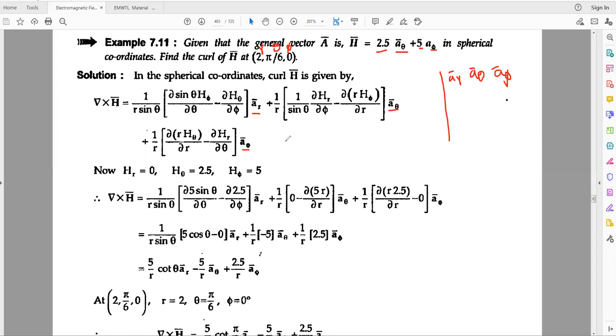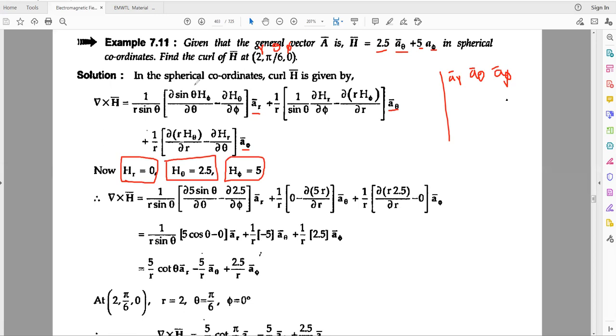This is the formula we have for del cross H bar in the spherical coordinate system. In the last class we also saw del cross H bar in the cylindrical coordinate system. In this, the given function H bar has an HR coefficient of 0, H theta is 2.5 and H phi is equal to 5.